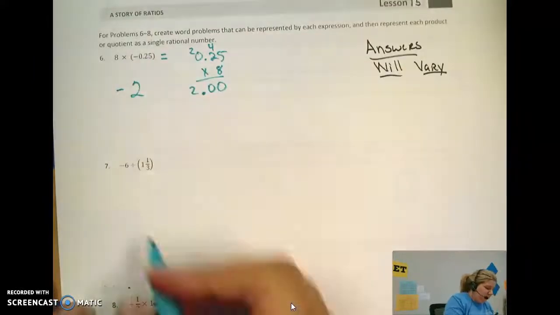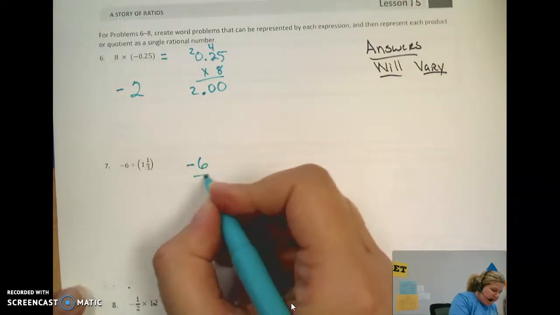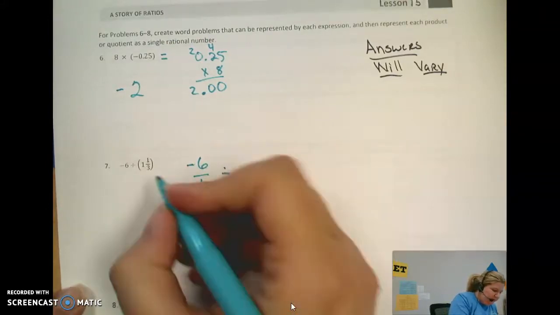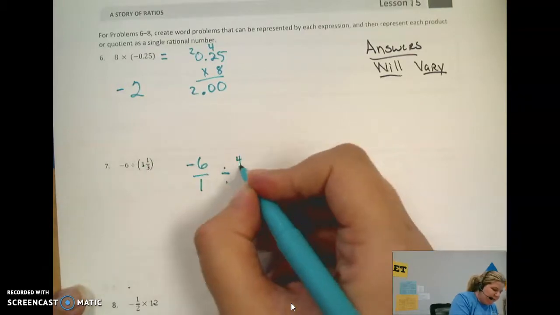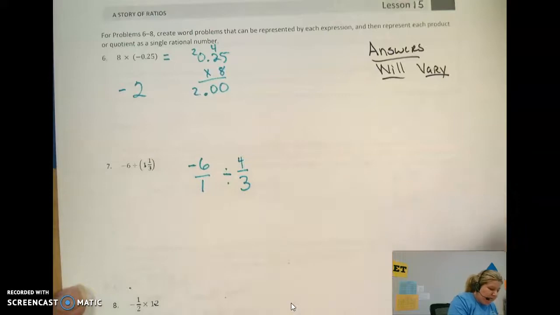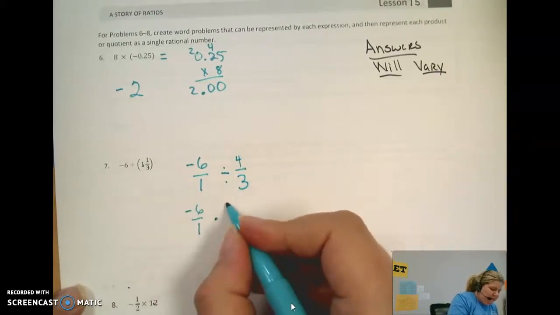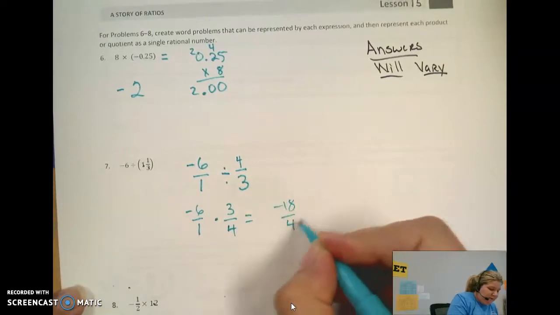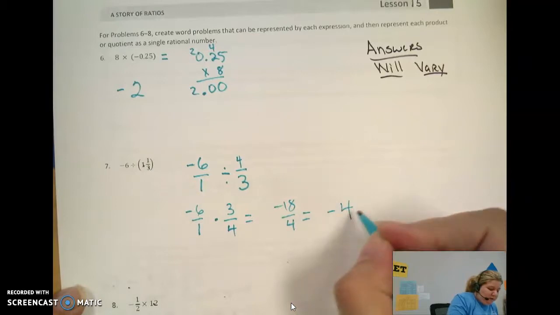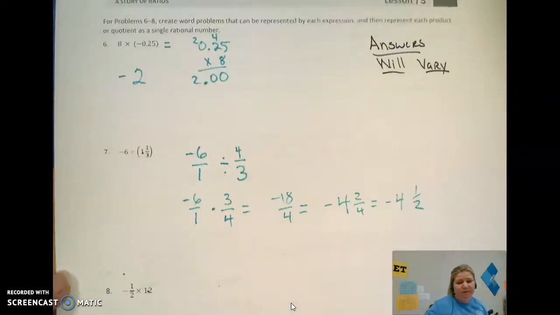Negative 2. Here, this is a fun one. Negative 6 over 1 divided by 1 and 1/3. 3 times 1 is 3, plus 1 is 4 thirds. So that would be negative 6 over 1 times 3/4, which would be negative 18 over 4, which would be negative 4 with 2 left over out of 4, which is negative 4.5.